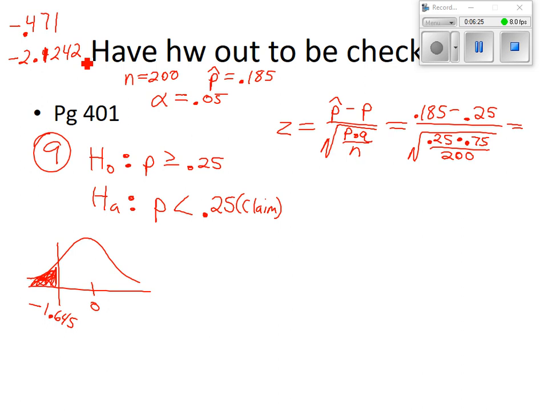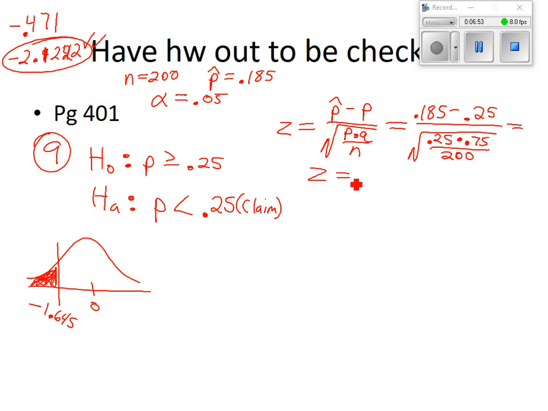I got the negative 2 one, but slightly different. Negative 2.122. Pretty close. So everybody make sure that you know how to punch it into your calculator, otherwise come test time.